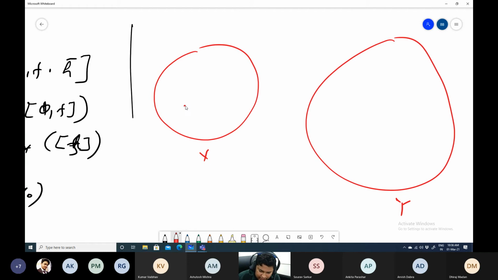Okay. And say this is my x0 and say this is my phi 0 x0. Since we have that phi 0 is homotopic to phi 1, so that is my phi 1 x0. Okay, so we have two maps, right? Phi 0 and phi 1. Now this is my x0.